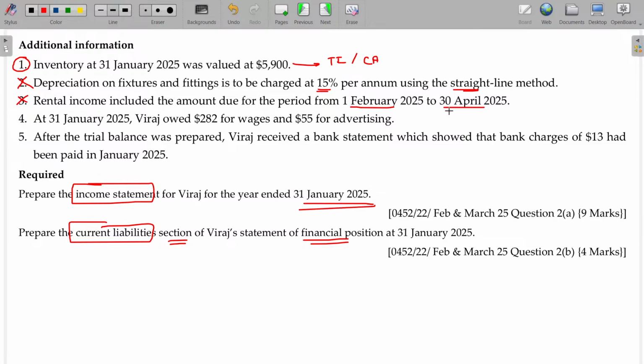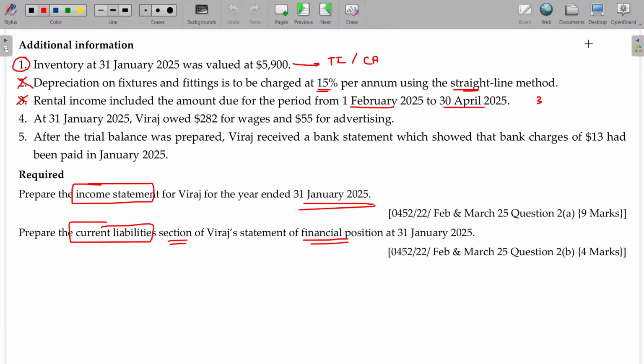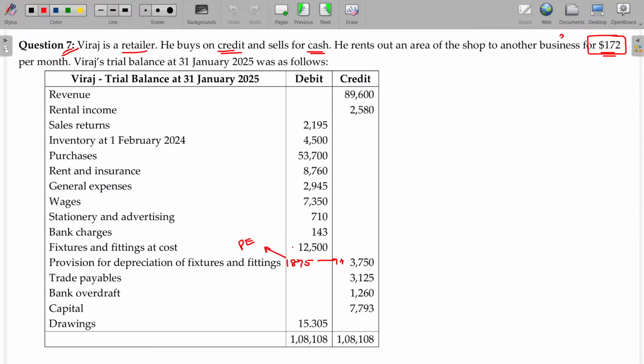So from 1st February to 30th April, February, March, April, 3 months' rent is received in advance. The per month rental income is clearly stated as 172. So 3 into 172 is the amount received in advance: 516 rupees you received in advance.